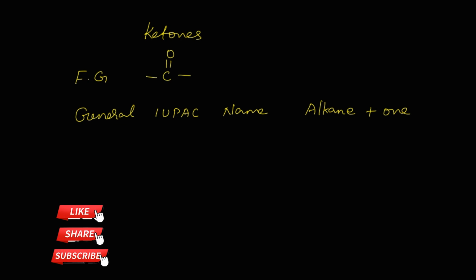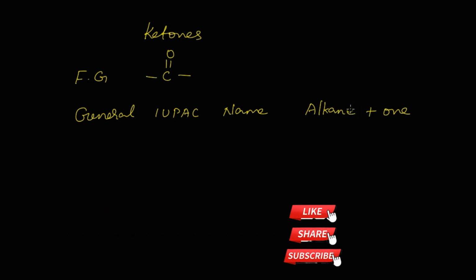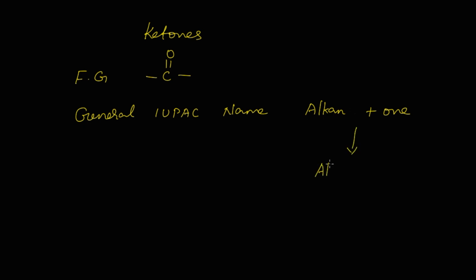Here we need to erase this E, so we get alkanone. The ketone is named as alkanone. That is, the suffix in the IUPAC name will be -one, for example, propanone.